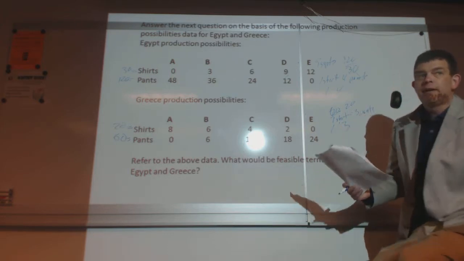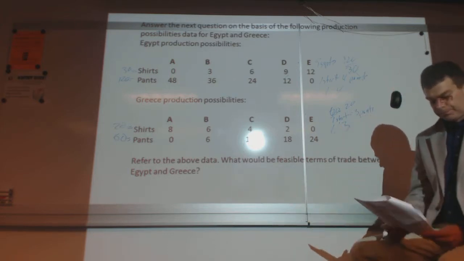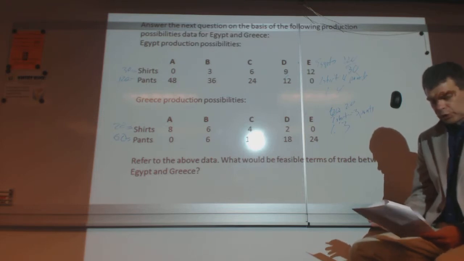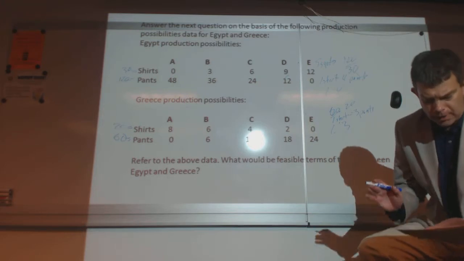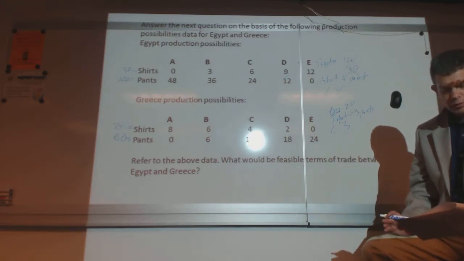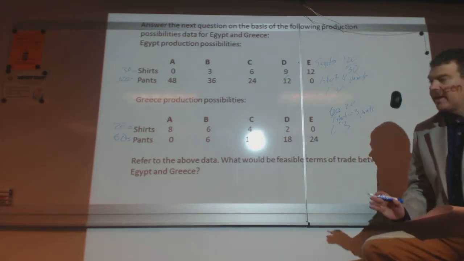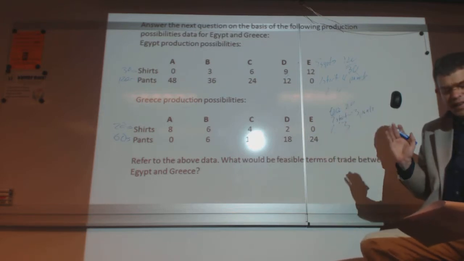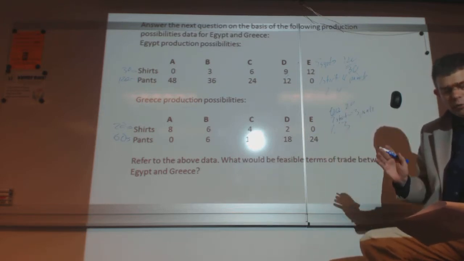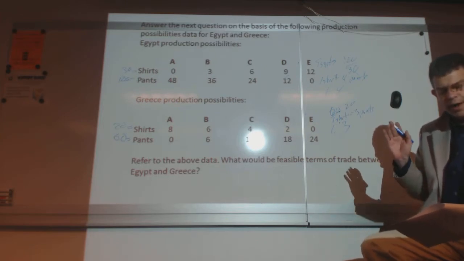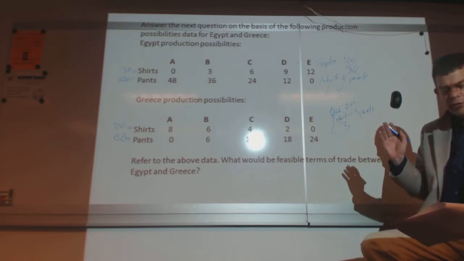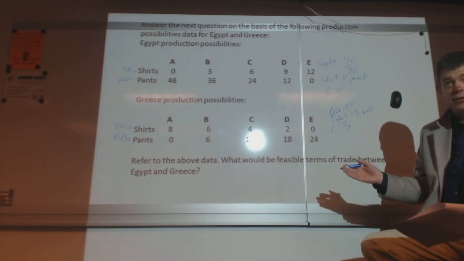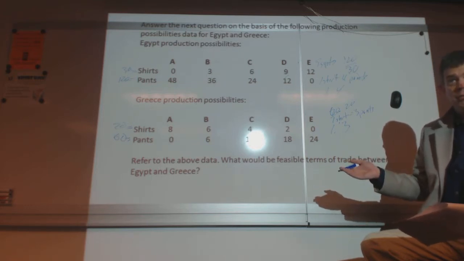Okay? So given this data, when you determine the ratios, the only feasible terms of trade between these two countries must fall somewhere between these. The answer is anywhere between 3 and 4 pants per shirt.